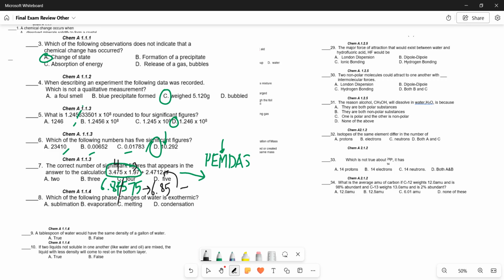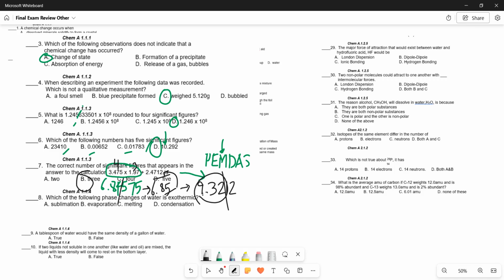And my calculator gives me an answer of, when I do the addition, 9.3212. And the rule for addition and subtraction is the least number of decimals. There's 2 decimals in this number. There's 4 here. So I'm going to have to drop and round. So the total answer is going to have 3 sig figs, which is B.